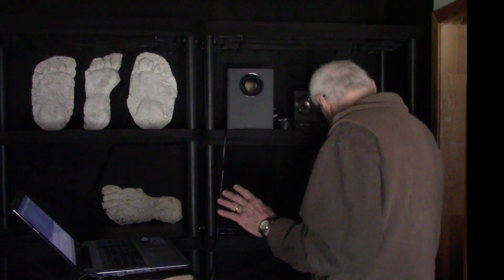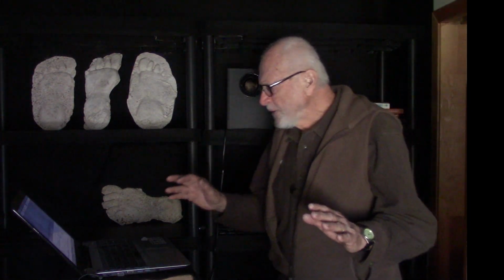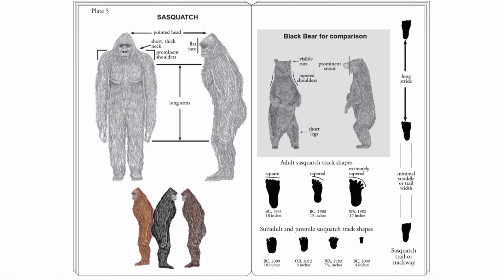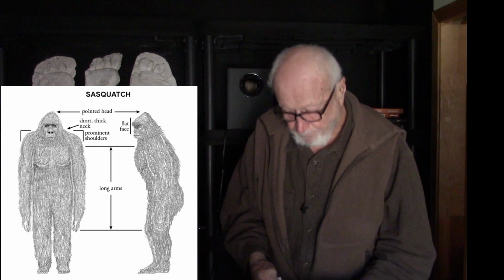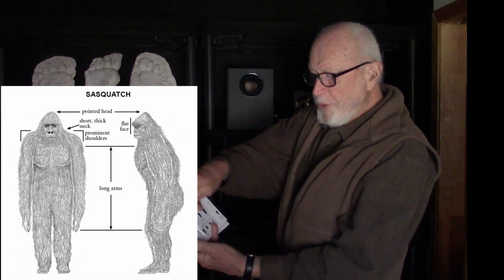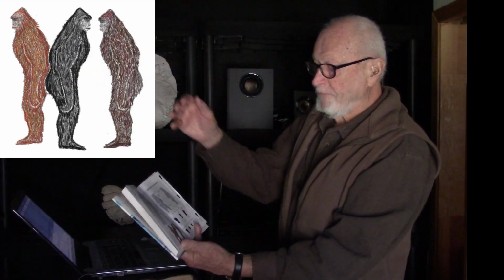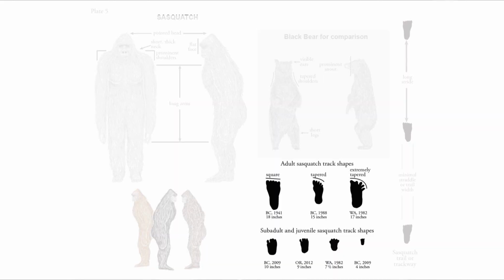So I think, looking at the time, that's as far as I'm going to go in this particular presentation. What I am going to do in a series of subsequent presentations is work through this entry: the anatomical features, the color phases, the tracks.